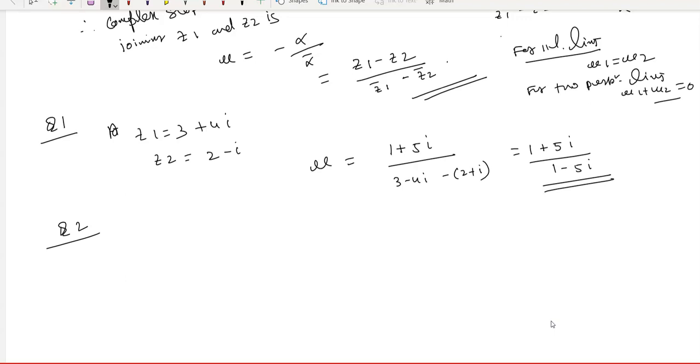Next question: what is the complex slope of the line joining the points (3, minus 4) and (minus 2, 1)?